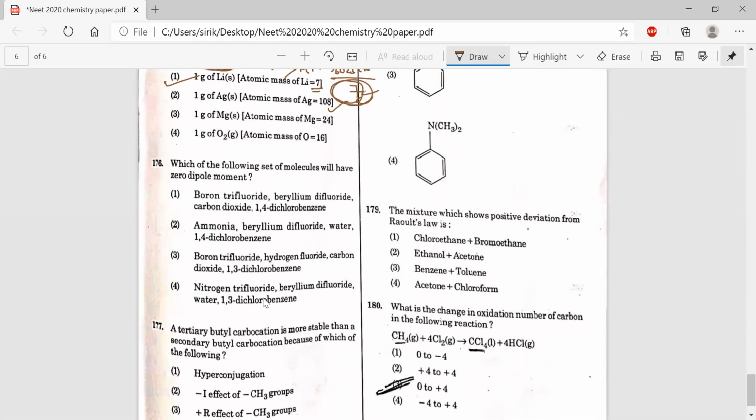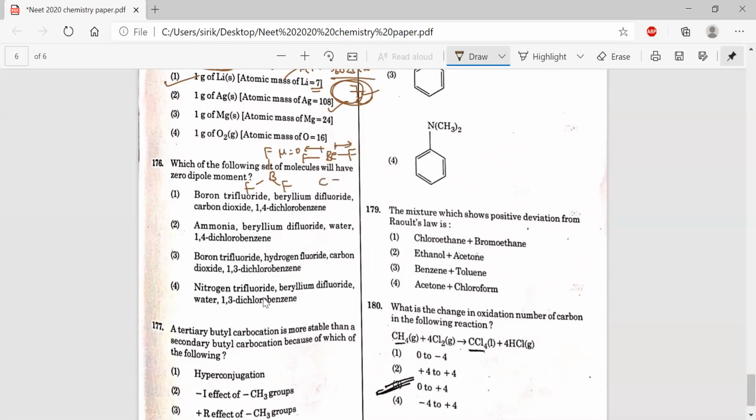Which of the following molecules in a set of molecules will have zero dipole moment? Just draw the structures. BF3, this is the structure of BF3, and here all three are in three directions and the dipole moment will be zero. And BeF2, beryllium fluoride, is a linear molecule, dipole moment will be zero in this case also.